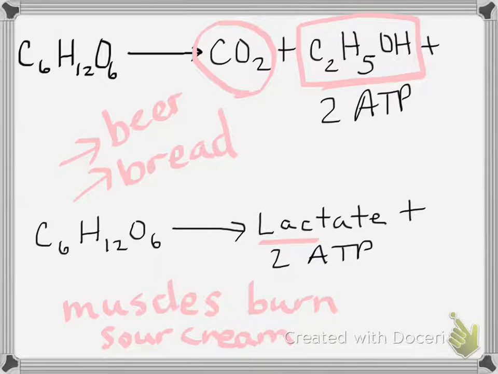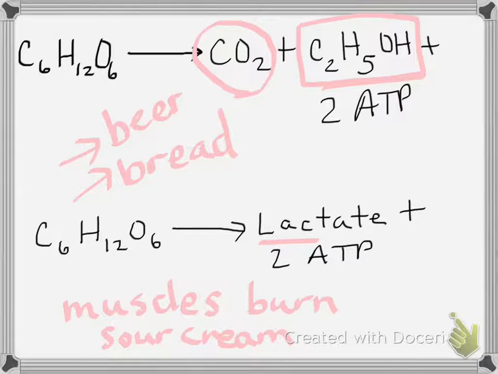What if you were trying to make bread? Are you trying to get the CO2, the alcohol, or the ATP? If you're a baker, which product of this chemical reaction are you after? Oh, baker, CO2. Because you're trying to get the bread to rise. James is right. The bakers are interested in the CO2 production.